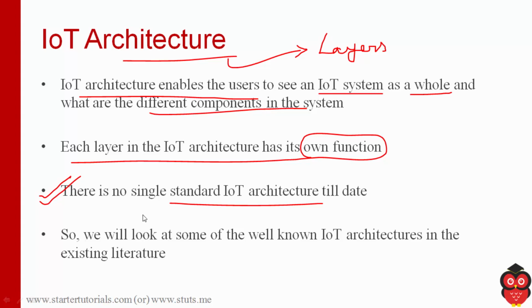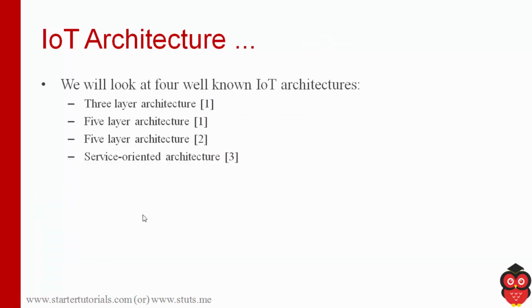So I have searched the IoT literature, and in the literature there are some architectures which are used frequently in many research papers. So we are going to look at some of them: a 3-layer architecture, two of the 5-layer architectures, and the last one is service oriented architecture.